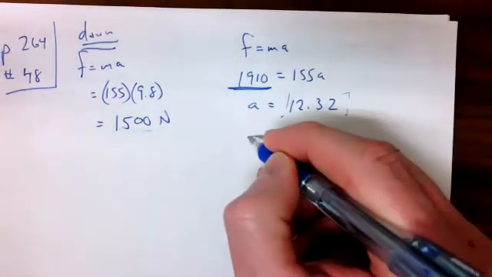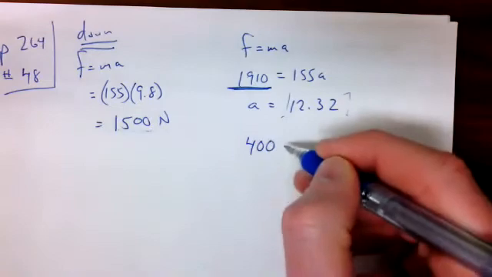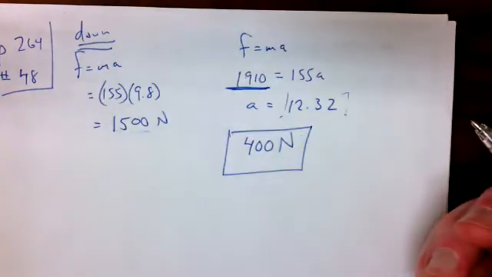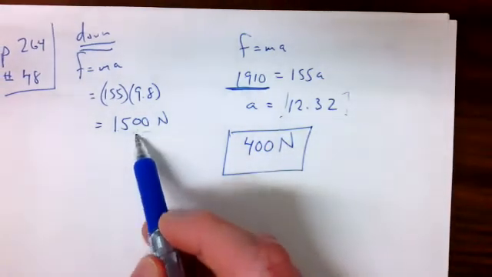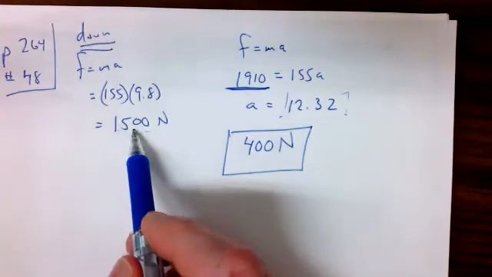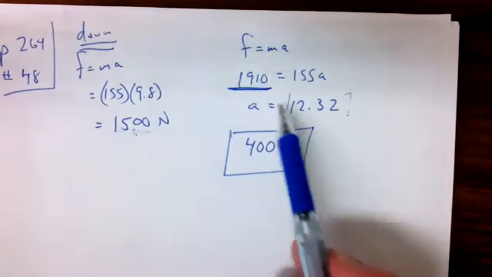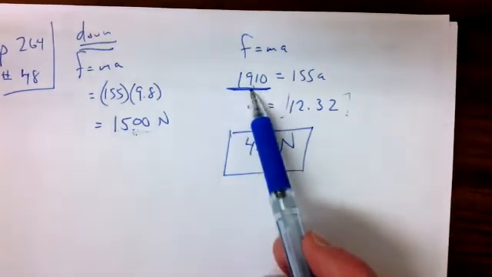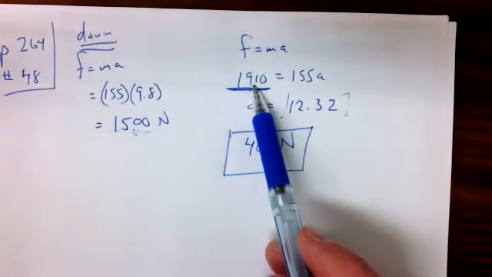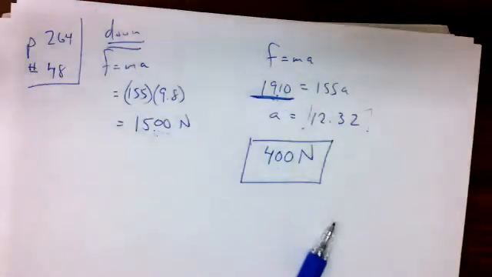The net force going up would be 400 newtons, because gravity is always there. You know what I mean? When you're told the weightlifter is using 1910 newtons of force, the net is actually 400.